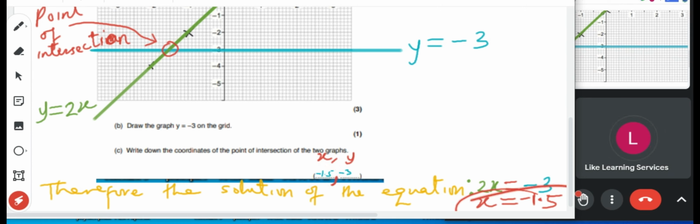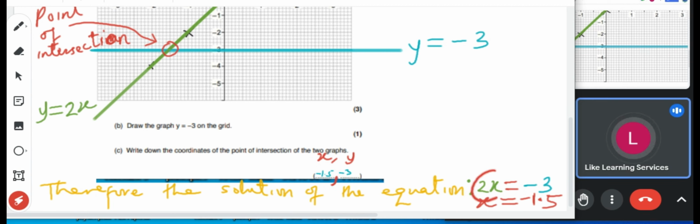Sometimes you may be asked, solve the equation. The first equation in green equals the second equation in blue. I said, where they cross themselves is the answer. And where did they cross themselves?